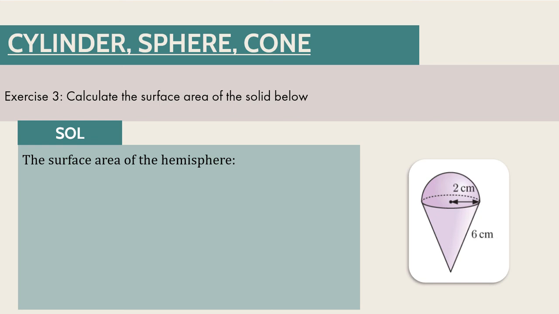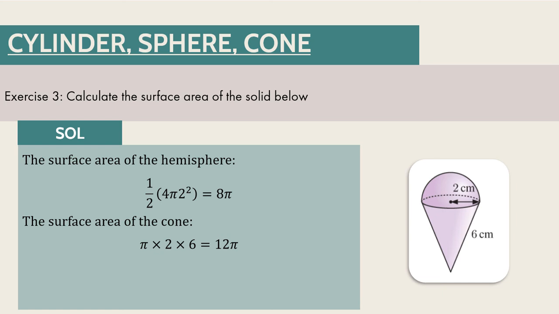The surface area of the hemisphere is calculated as 1 over 2 times the area of the sphere, which is 4 pi 2 squared. So the result is 8 pi. The surface area of the cone is pi times 2 times 6, which is equal to 12 pi.